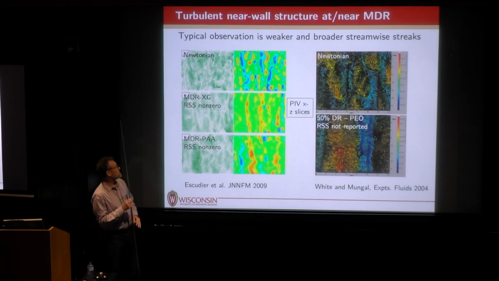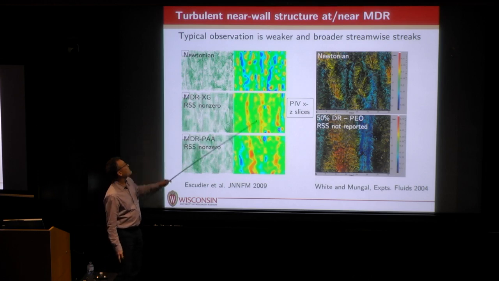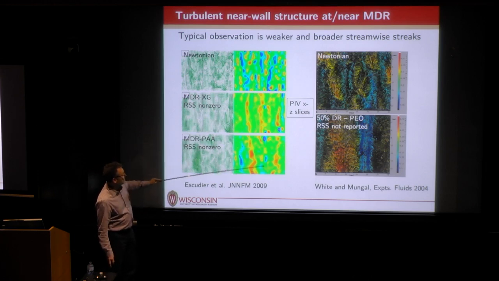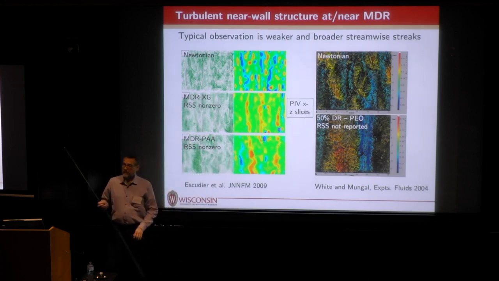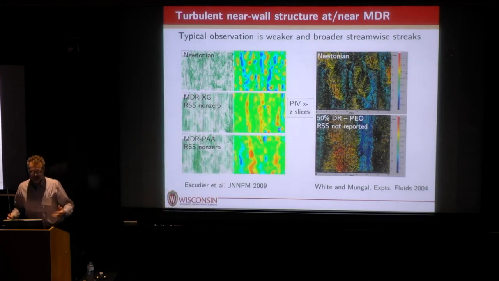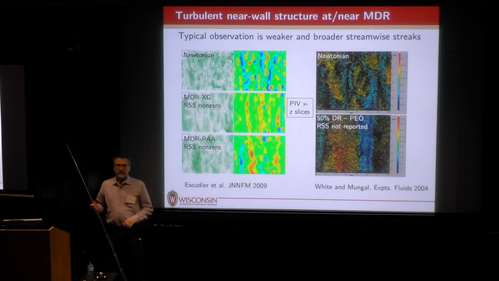And so these are just some snapshots of experimental data showing this. So this is channel flow. That's the flow direction, and you see in all these cases, you see this streaky behavior, which is modified by the polymers, and the same in here. All right. So that's sort of the classical picture. These papers are 10 and 15 years ago.